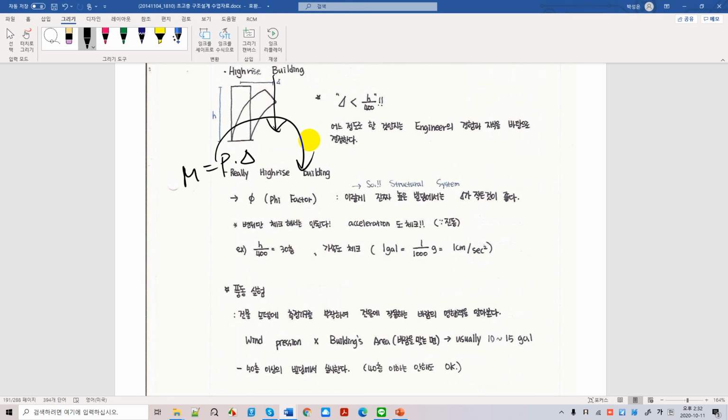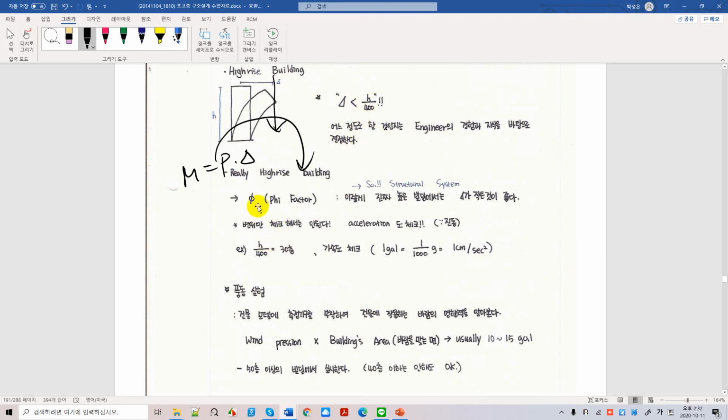So this P delta is a structural issue. It has to be checked, otherwise the secondary moment causes problems, whereas this one is simply a matter of serviceability issues. Okay, you have to check both of them.